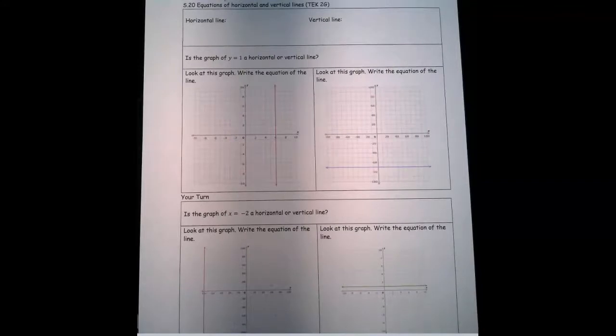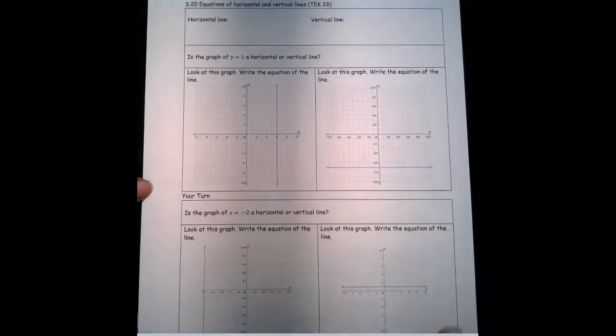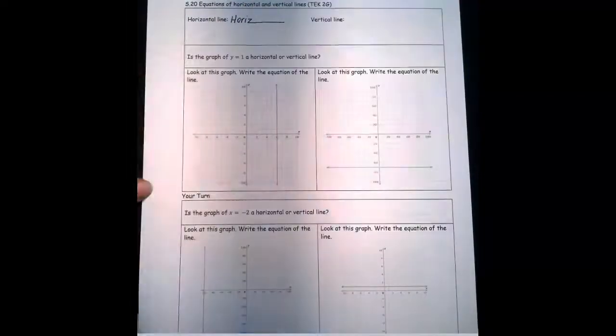Now, a couple of things you need to know. Horizontal line. Sometimes I know we don't use these words often, so it's kind of hard to remember which one is which. So I want you to think about this. If I were to write the word horizontal, the Z has a tail. Extend that tail. And that's what a horizontal line looks like.